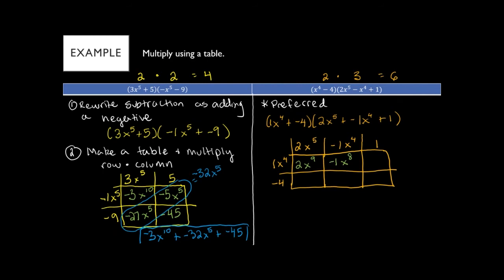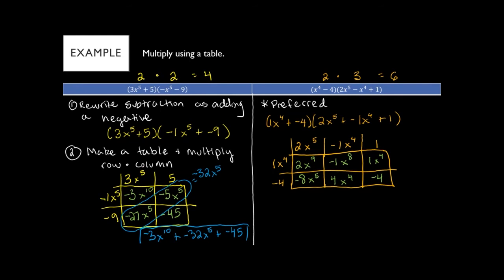Move to the right, 1x to the 4 times 1 is 1x to the 4th. Then I go with the second row. Negative 4 times 2 is negative 8, and then I have x to the 5th. Then negative 4 times negative 1 is 4, x to the 4th. And then negative 4 times 1 is negative 4.